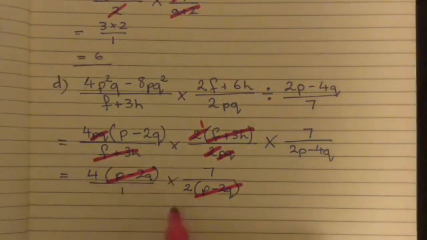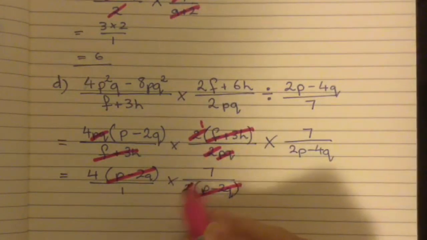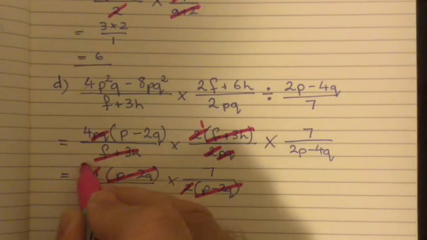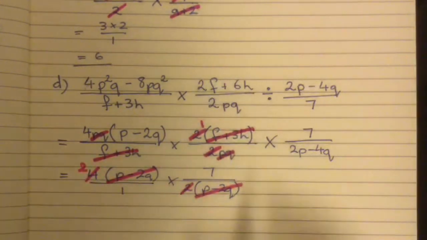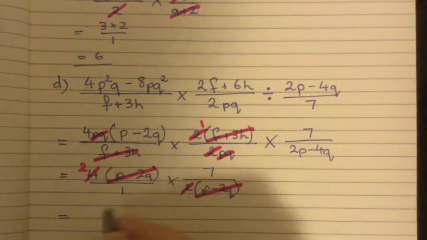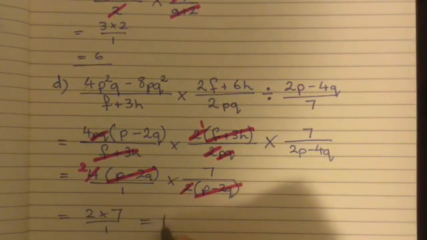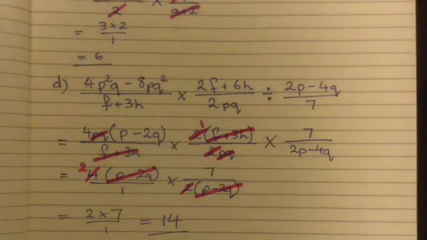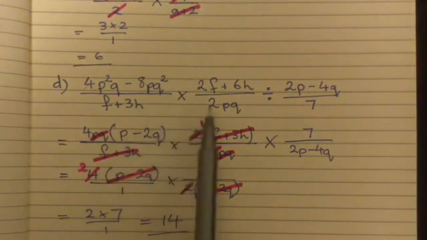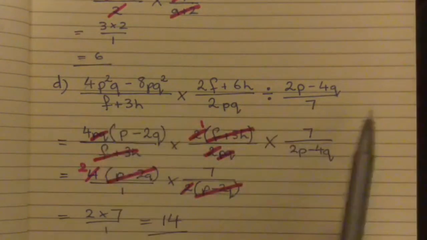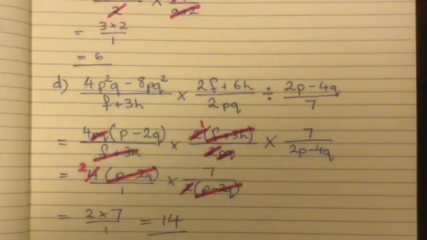This is 2 times 2, and there's 2 here, so we can divide 4 by 2, and that will leave us with 2. All we've got left is 2 times 7 over 1, which is 14. So this horrible mess of an algebraic expression has ended up quite simply being the number 14.